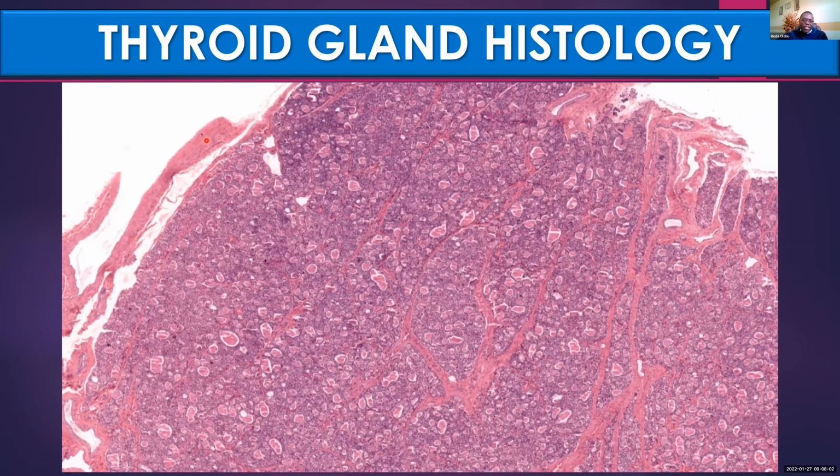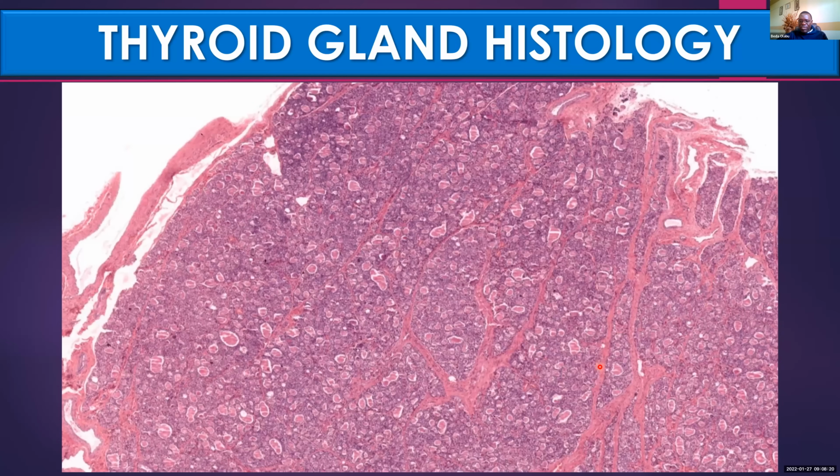But we notice that this capsule actually sends some connective tissue septa or trabeculae into the gland. Look at that region. That's part of the capsule, but we see some connective tissue extensions into the gland.